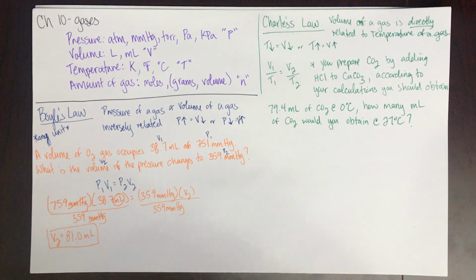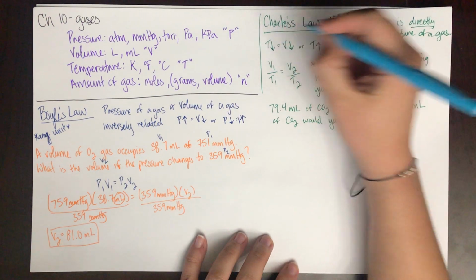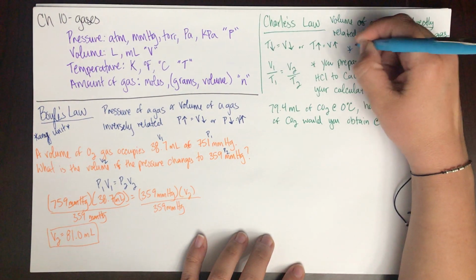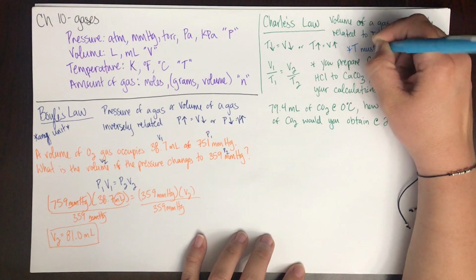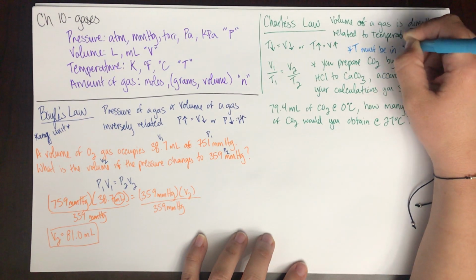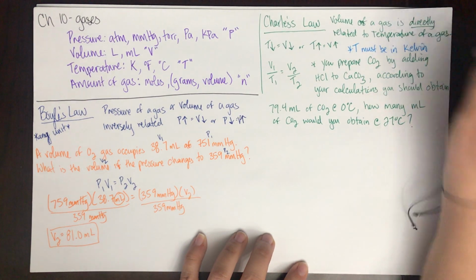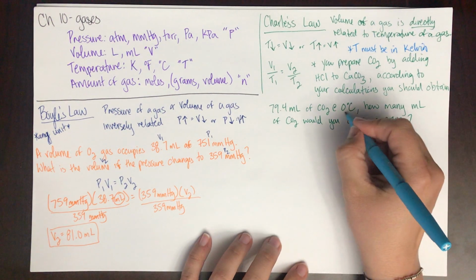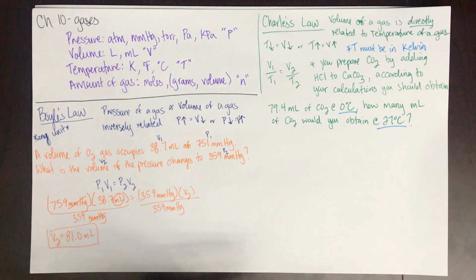Okay, so one important thing about Charles's law is that the unit of temperature does matter. The unit of volume doesn't matter, but the unit of temperature does matter. So for Charles's law, temperature must be in Kelvin. So in this problem, they give us 0 degrees Celsius and 27 degrees Celsius.